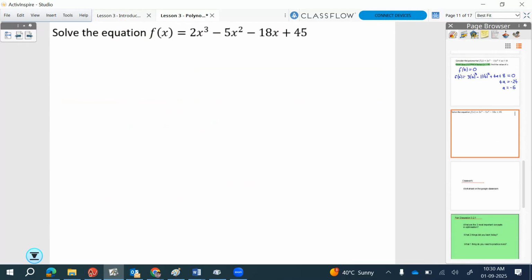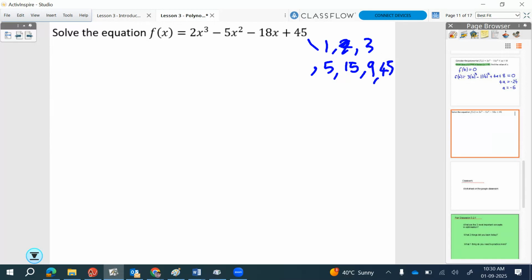3? Wait. What are the factors of 45? It can be 1, 5, 3, 9, 15, 45, and then the negatives.